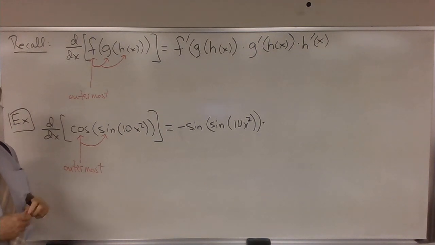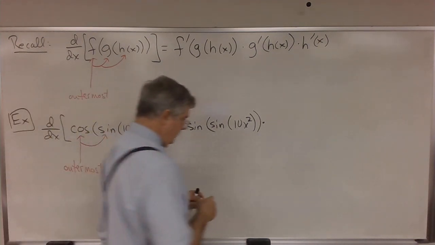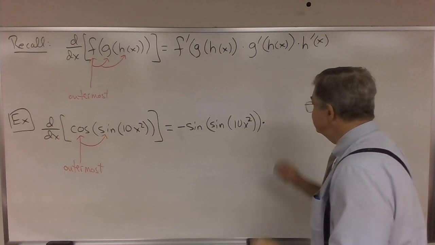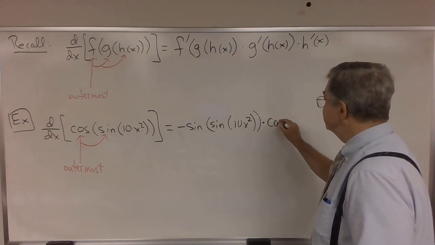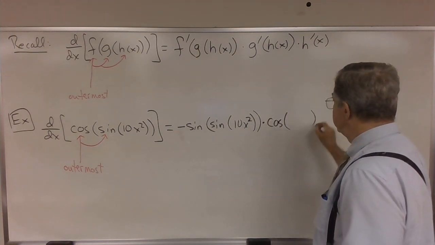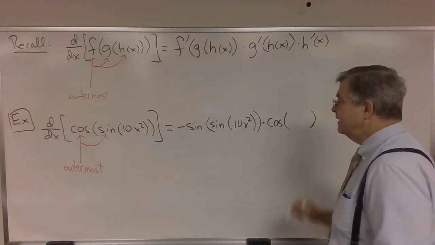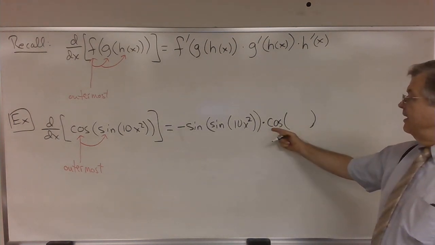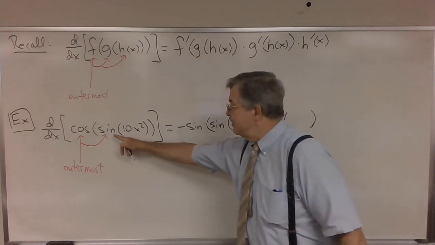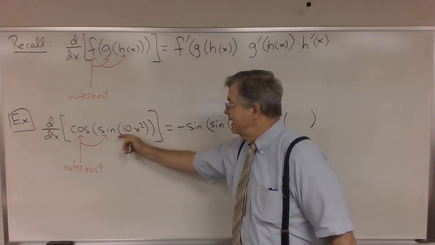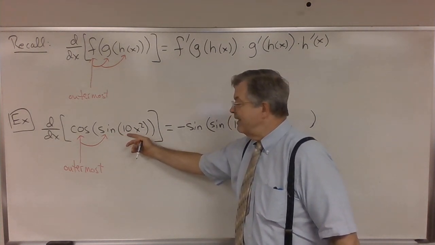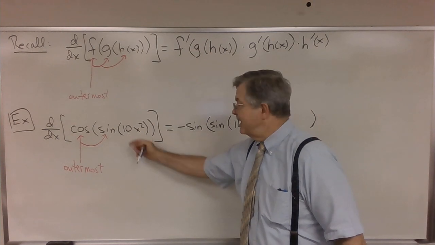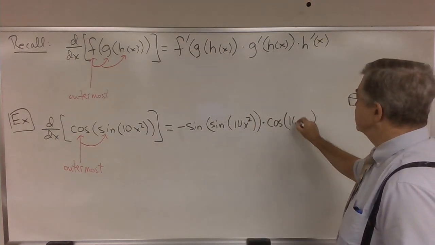Isn't it cosine evaluated at something? So here's the derivative of sine evaluated at something. And we evaluate it at everything inside, 10x squared.